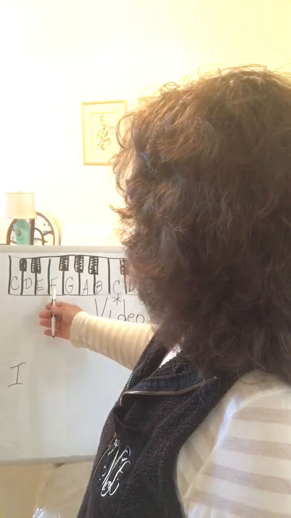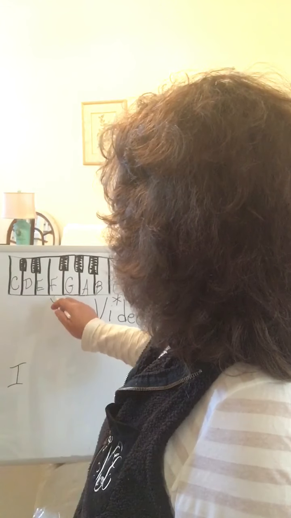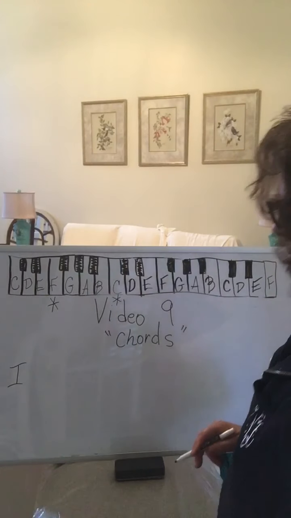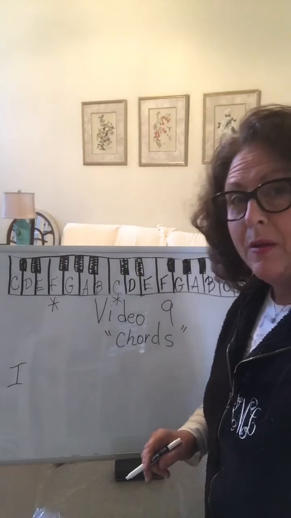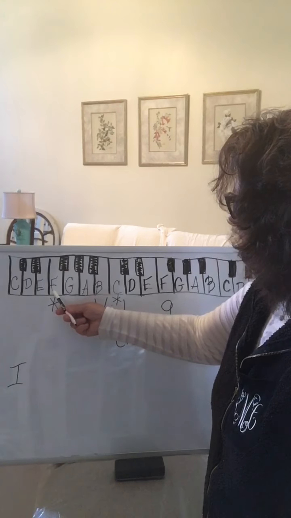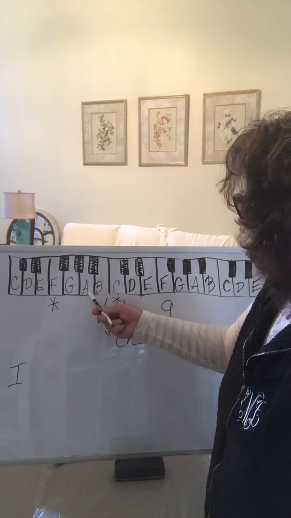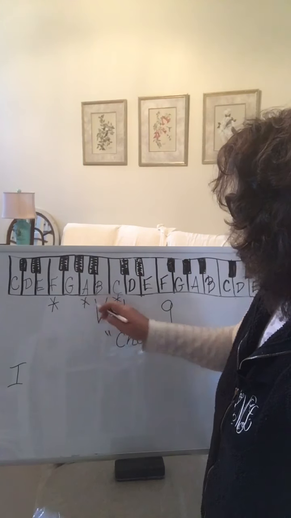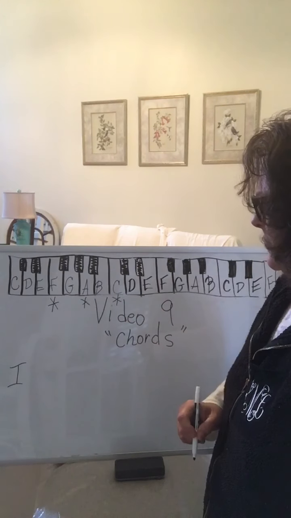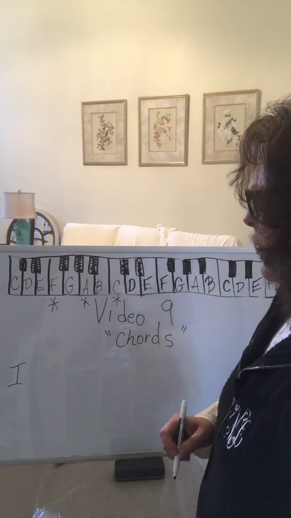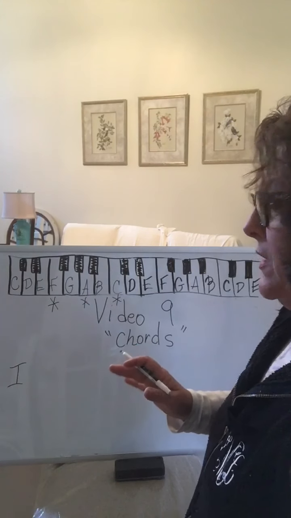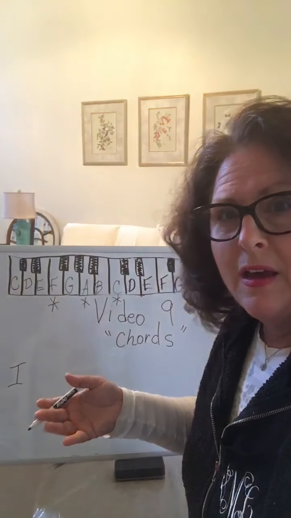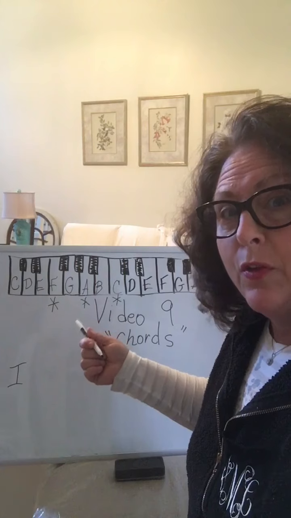C, D, E, F. Now, when we start on F, and we put together a chord using the skipping pattern, it would be notes F, A, and C. F, A, and C. Now we're going to arrange them a little differently when we actually start playing them so we can reach them more conveniently. But those are the actual notes of the chord.